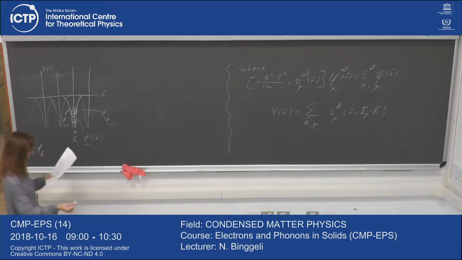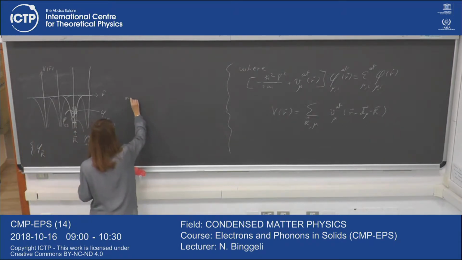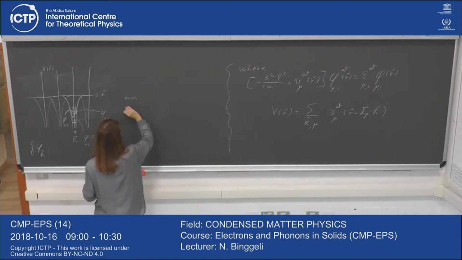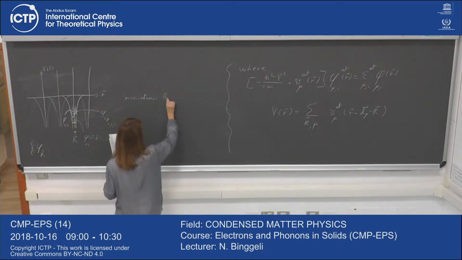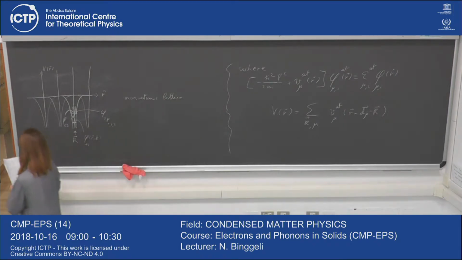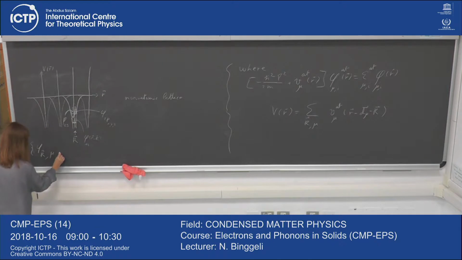I'm taking here, as an example, a monoatomic crystal or lattice. So, in principle, at the beginning, I was summing over all R, over all atoms in the basis, and over all atomic orbitals of a specific atom.